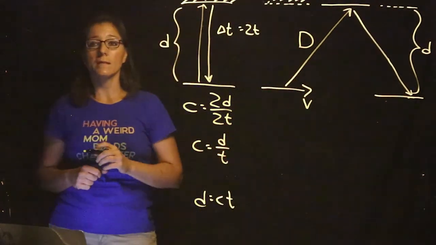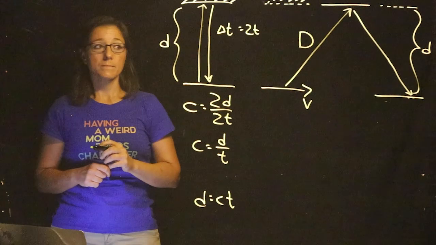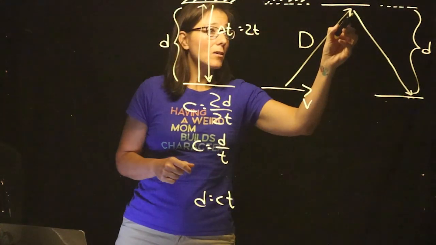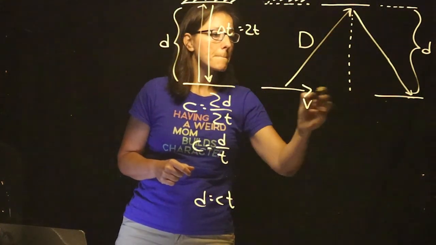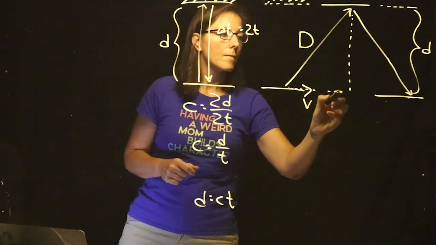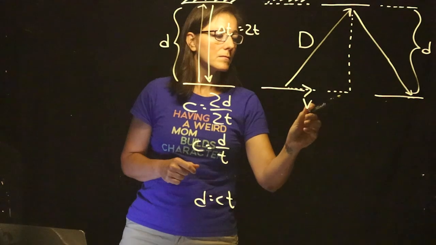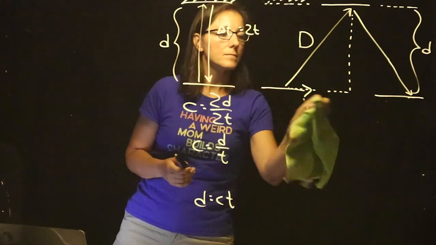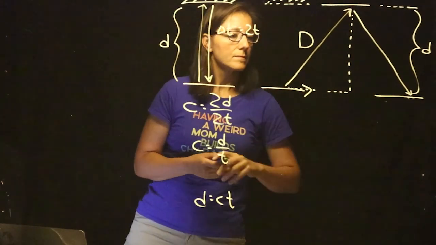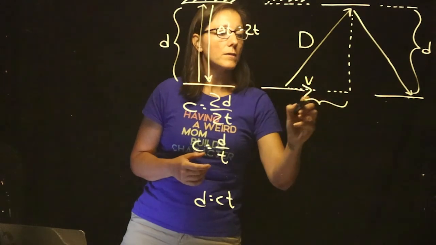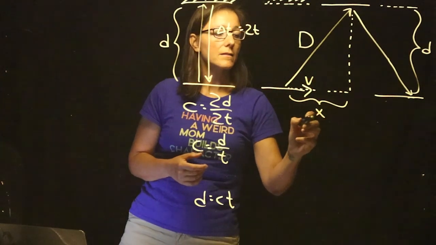I'm going to call it a distance big D. And if we're paying close attention, this kind of looks like a right triangle. And I am going to call this distance x.